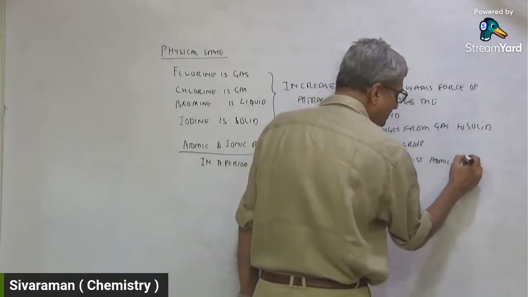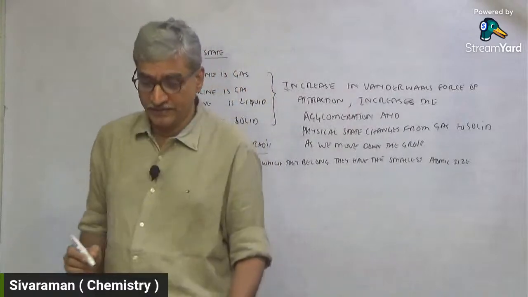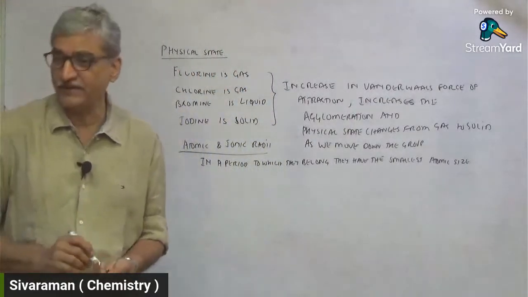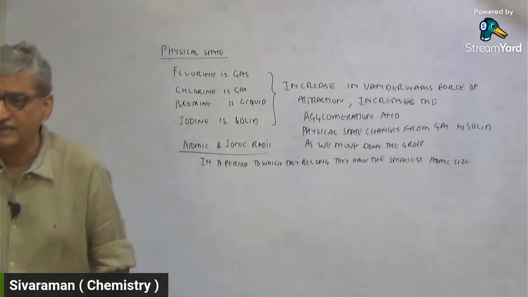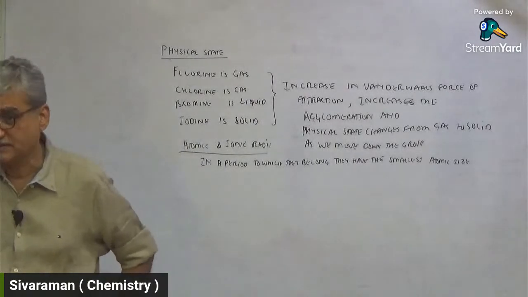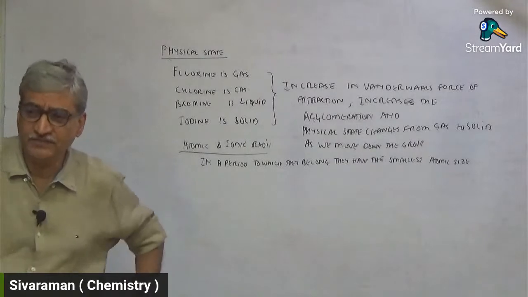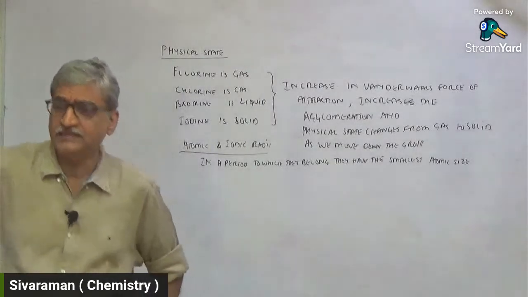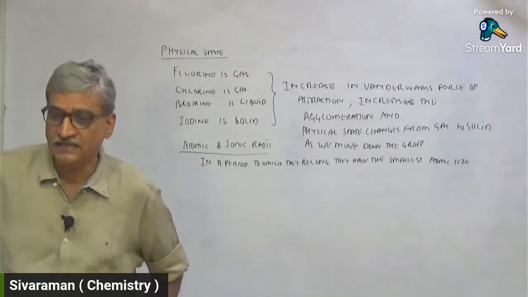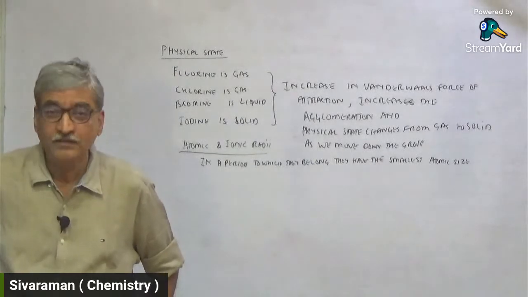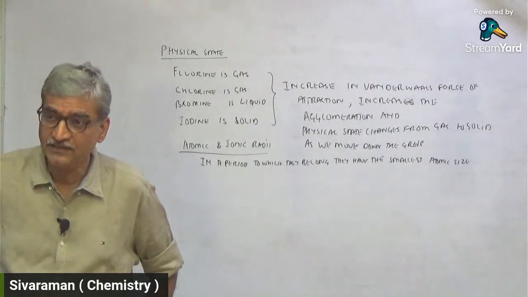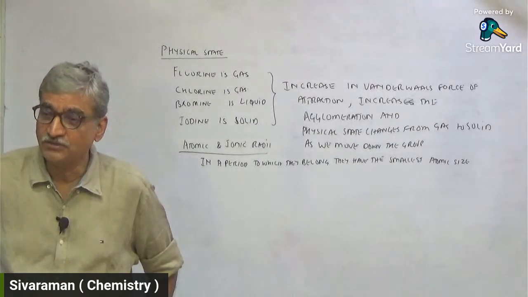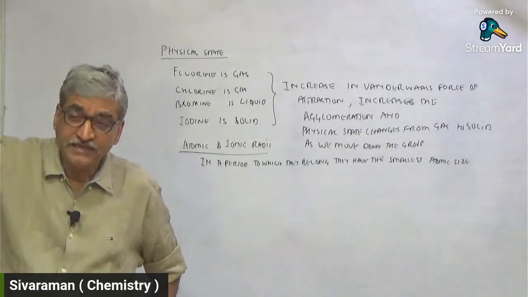Now you will say, sir, how can it be? It is the inert gas which you ask, because we can make a general statement that as we go across a period, the atomic size decreases. So by that general statement, the last element will be the inert gas. People will always say that then inert gas should have had the smallest atomic size. But what happens in an inert gas?